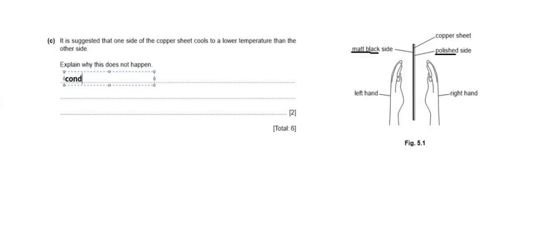So we can write down over here, first of all, that conduction is very important. You have to mention this word, conduction, and write down that conduction takes place. This is a very important thing.